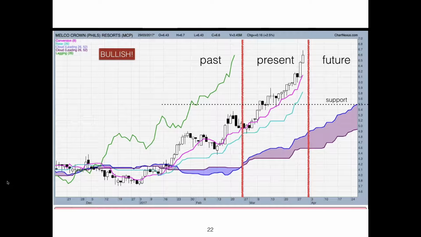Chikou span defines the support and the resistance. The Kumo defines the future price action. The Tenkan-sen and Kijun-sen tell you the supports and resistances in the present. So it is the only indicator that is both leading and lagging at the same time. We will discuss all these more closely in the lessons that follow.